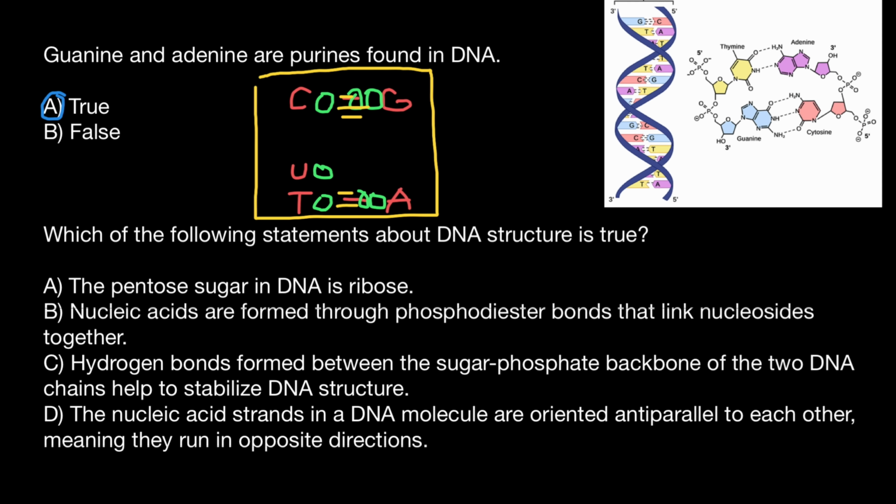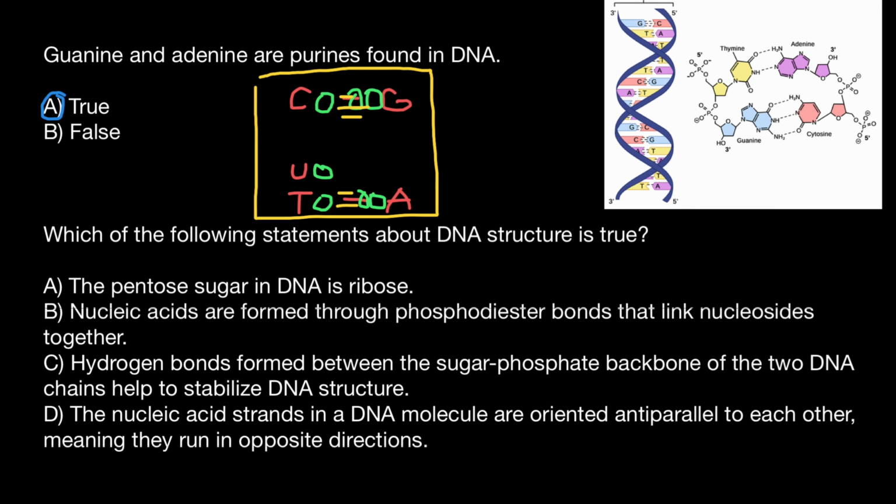Take a look at this picture and you would see, for example, 3' end here and 5' end here for one strand of the DNA, and 3' end here and 5' end here for the other strand of the DNA. That's why we call these two strands of the DNA antiparallel. You also can see it here, 5' end and 3' end, 3' end and 5' end. So they go in the opposite direction, so would be antiparallel. So this is a correct statement.